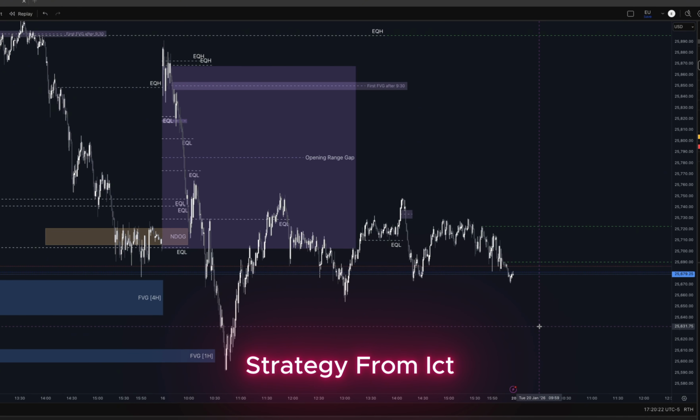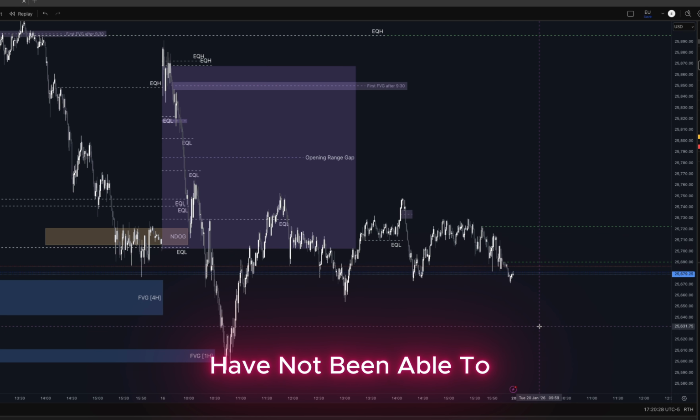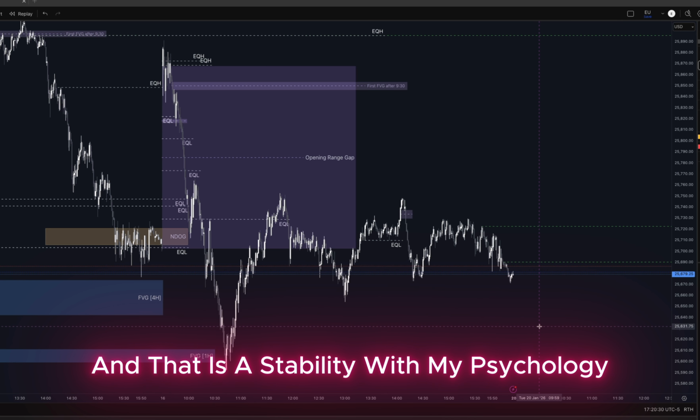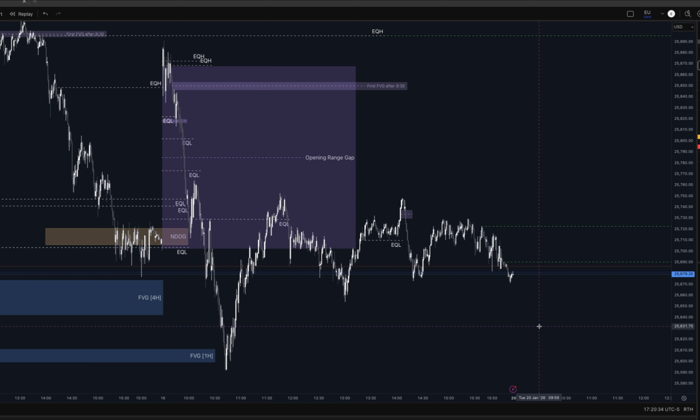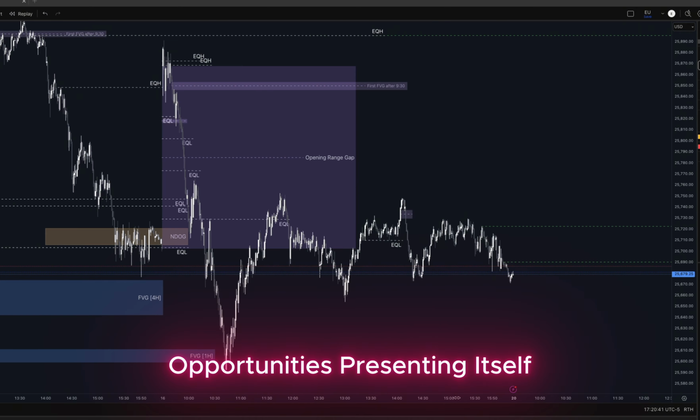The reason why I picked up this strategy from ICT is because it has given me something that other strategies have not been able to, and that is stability with my psychology. I am not overtrading. I don't feel like there are multiple opportunities presenting themselves.